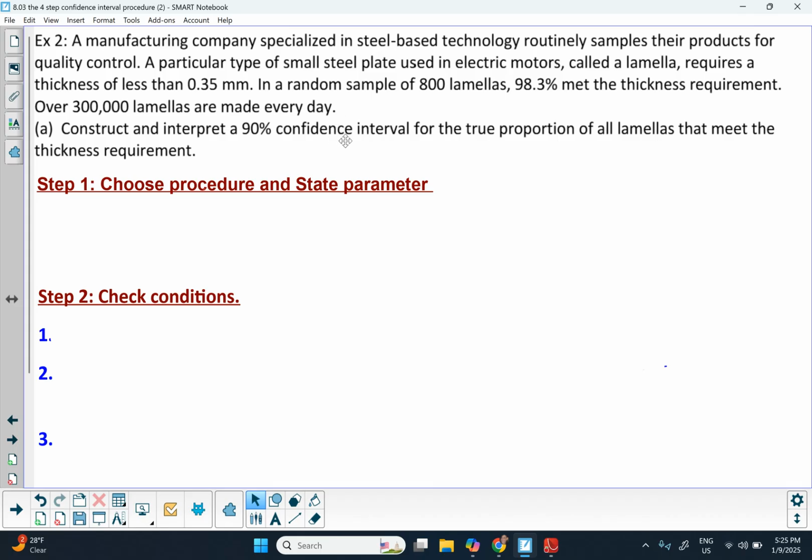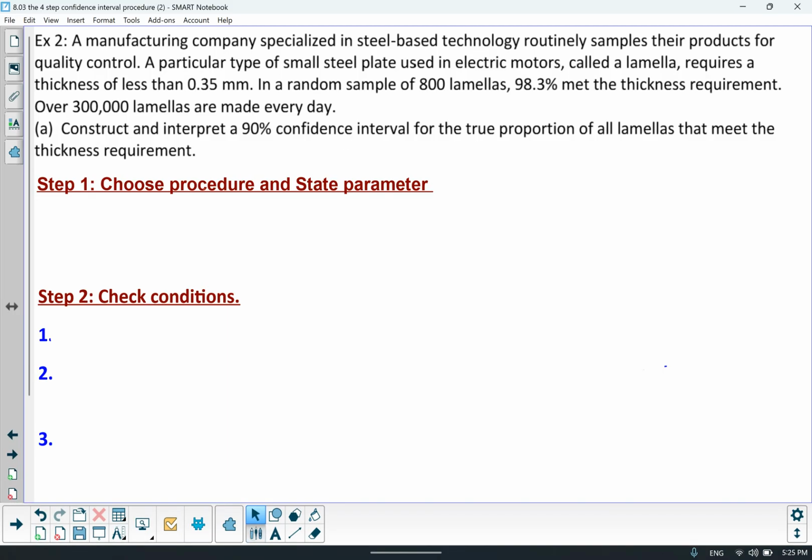So you're going to decide on your procedure, and this procedure is actually called a one proportion Z interval. And I'll show you a neat way later in the video of how you can look up the names using your calculator.